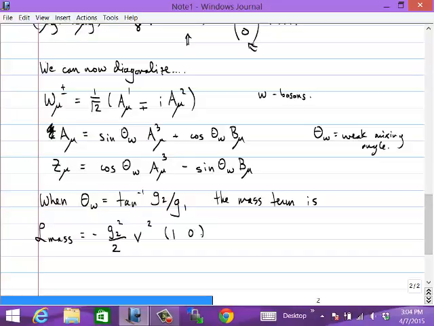That's 1, 0 times something involving Z mu up here, and W plus and W minus down here, and something else down in that lower corner that we don't care about because it gets multiplied by 0 anyway.